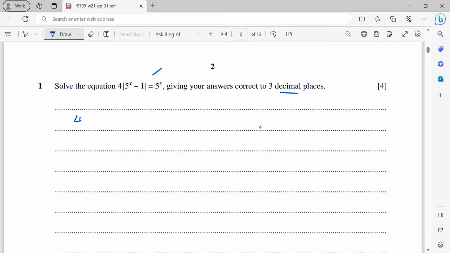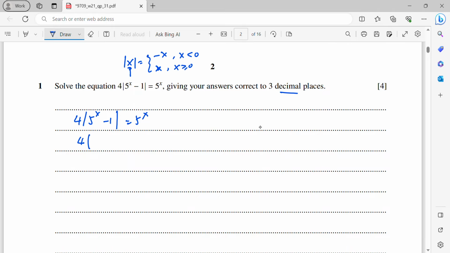Okay, so first of all, I will rewrite the question. For your information, the modulus of x is defined as minus x when x is less than 0, or x when x is at least 0. So the value inside the modulus can be negative or positive.